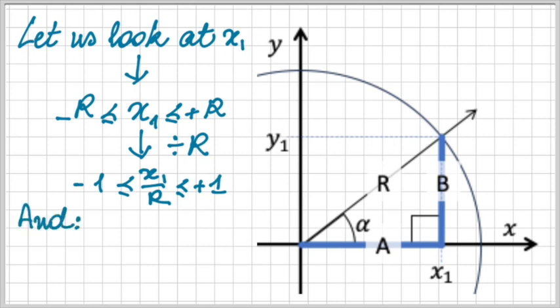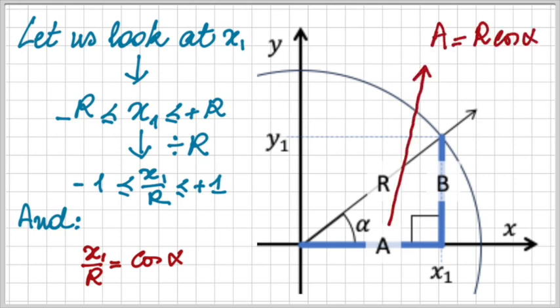And we define x1 over r as the cosine of alpha of that angle. That's the definition of the cosine. And here we see A is r cosine alpha, the element that we found before already.